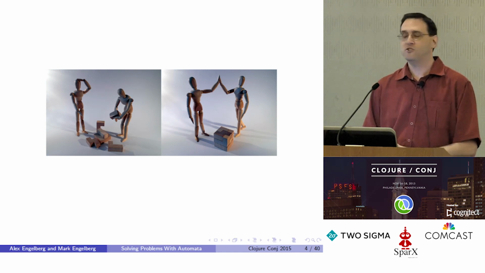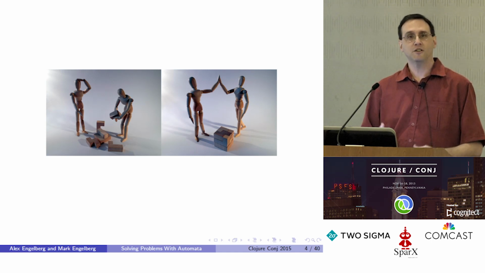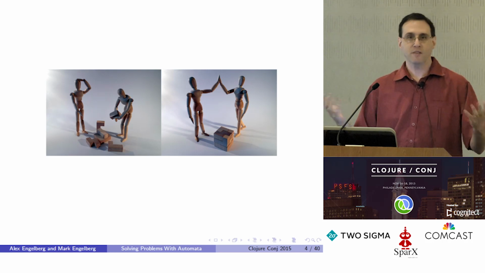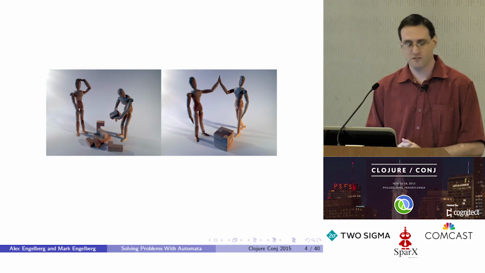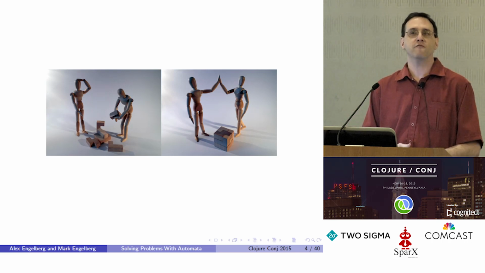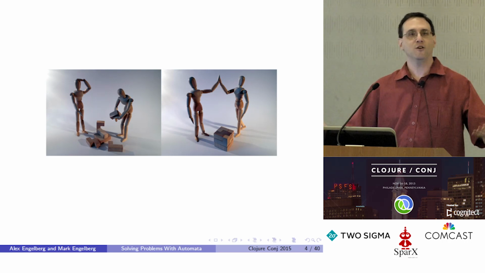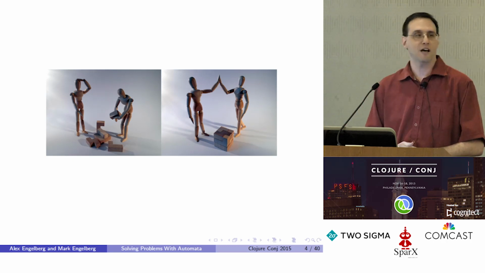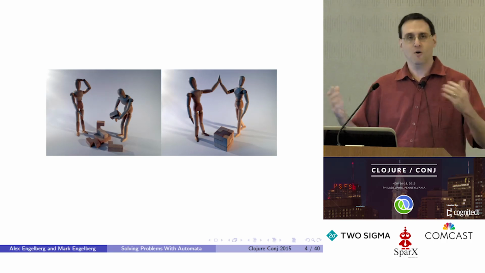We're going to show a few programming puzzles where automata give particularly elegant solutions. Our hope is that at the end of the talk, you'll come away with an expanded notion of what kinds of things you can do with automata and know how to do it in Clojure.